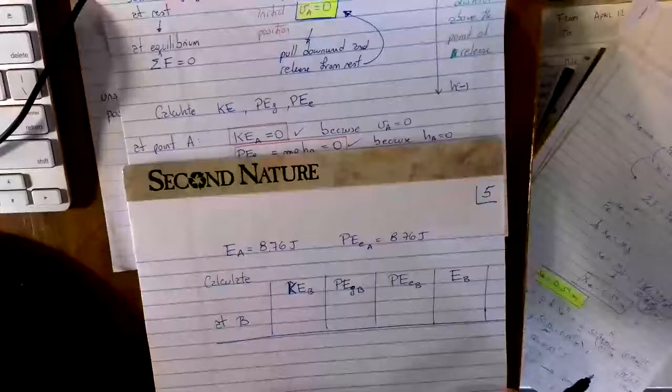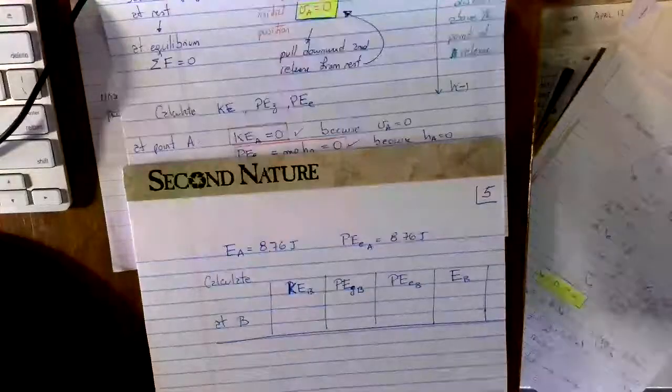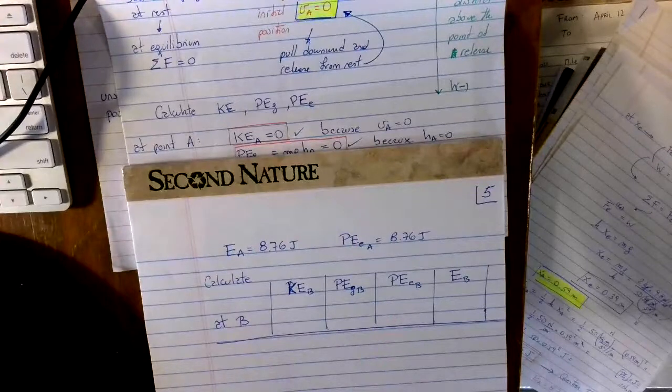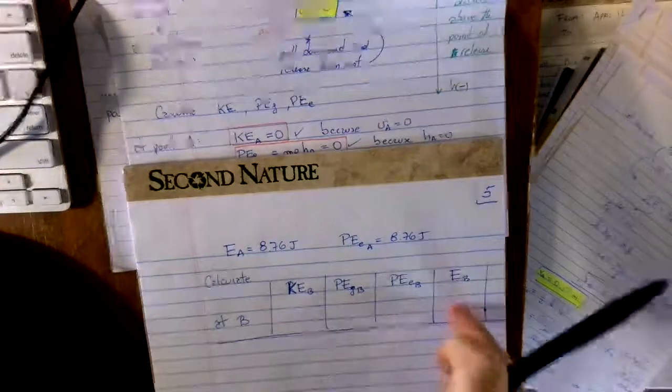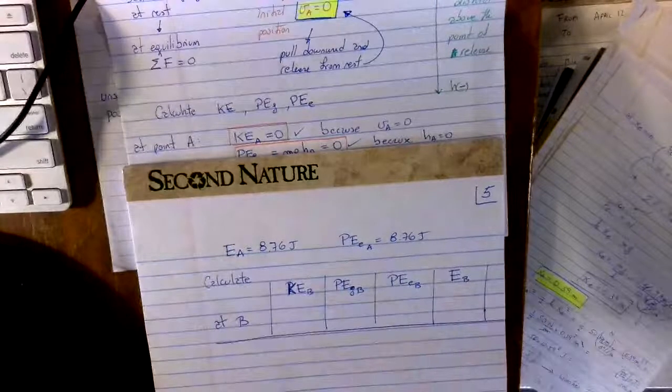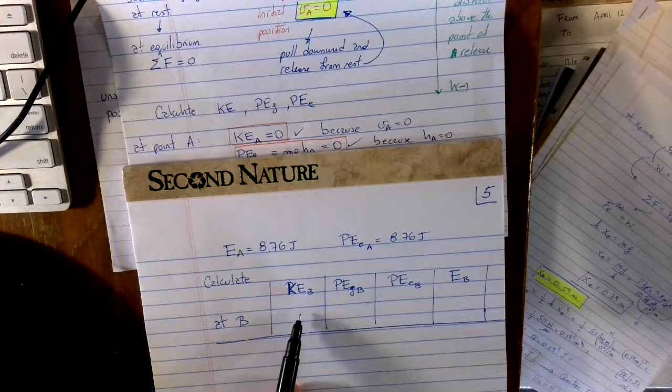Easiest means that you don't need to do any calculation. You don't need to do anything, just put the number. Which one do you know directly without doing any calculation? Do you know KEB?